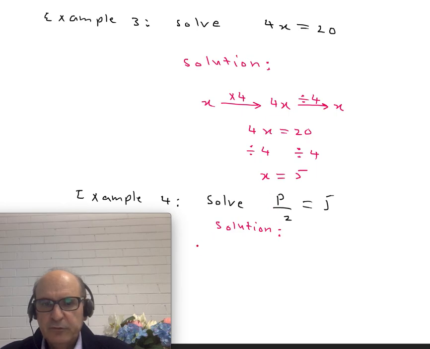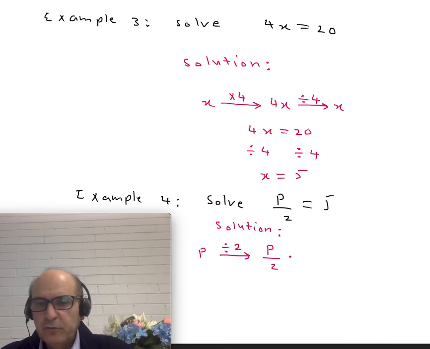Start with the pronumeral that you have and see what operation you need to do to end up with the left-hand side. Remember, fraction means division, so it means you have divided p by 2. Okay, then this will inform you what opposite operation you need to do.